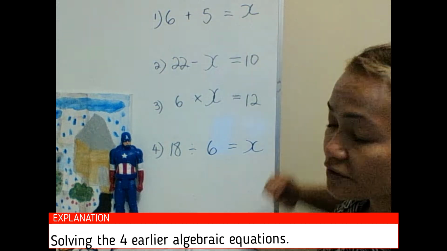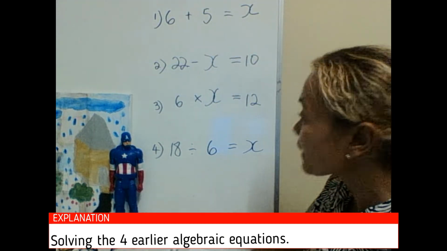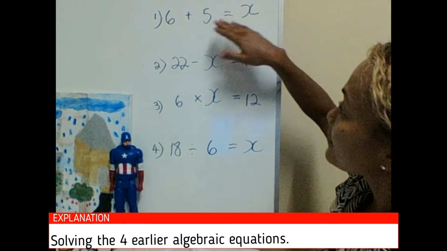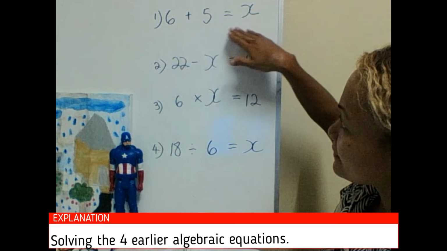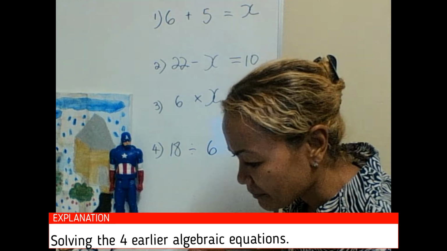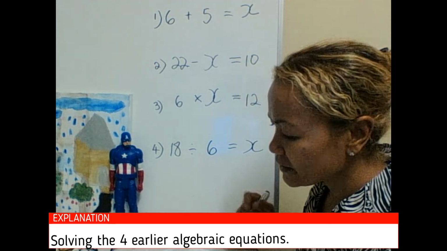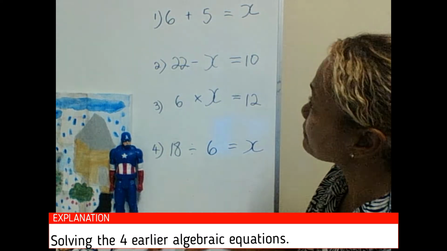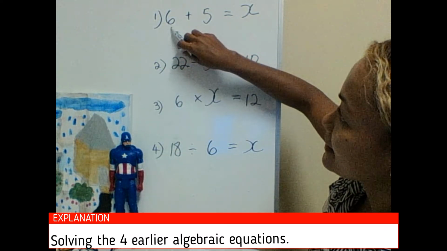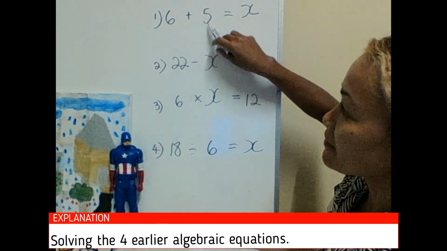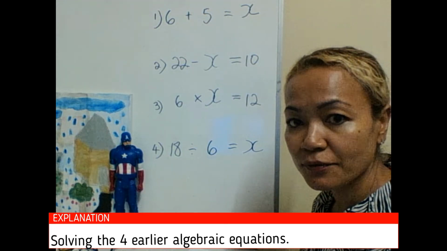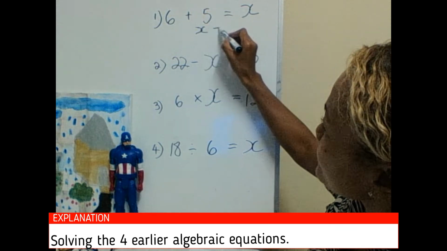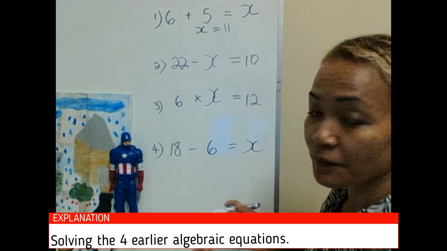But the first thing you've got to do is play around with the equation so that you can find out what the value of x is. Okay, so in this particular example, 6 plus 5, we've already done it before. We know it's 11. So we will write down x is equal to 11. That will be the solution.